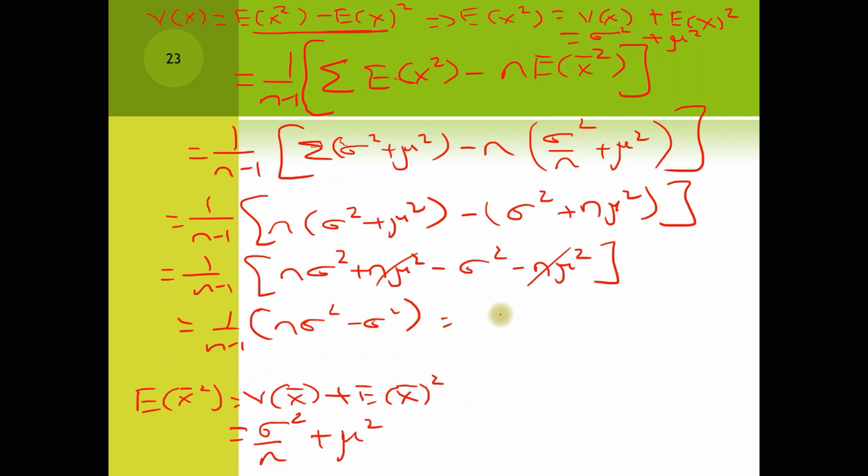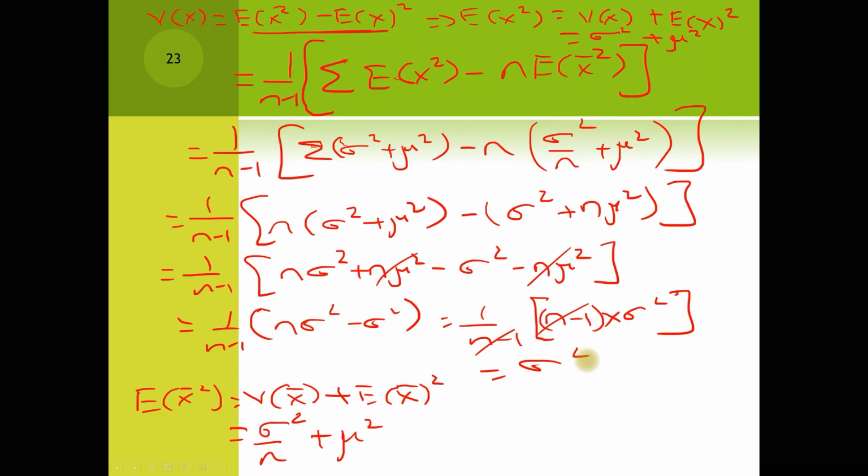Sigma squared is common, so you have 1 upon n minus 1 times n minus 1 times sigma squared. So n minus 1 cancels out, which gives you sigma squared.